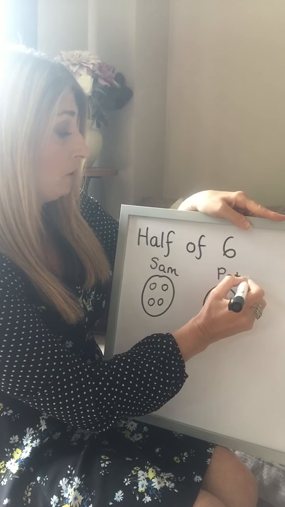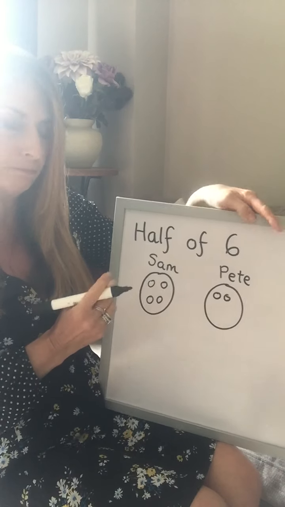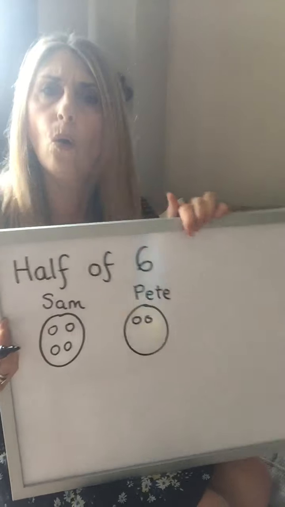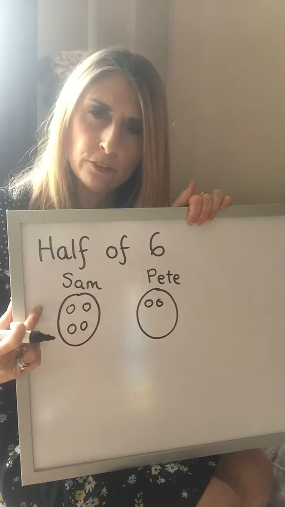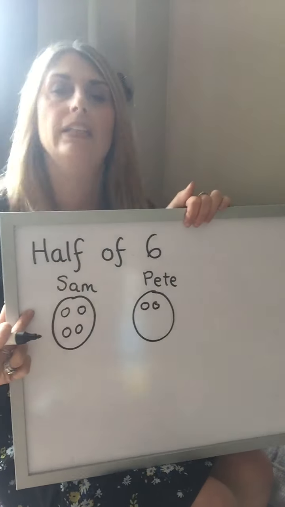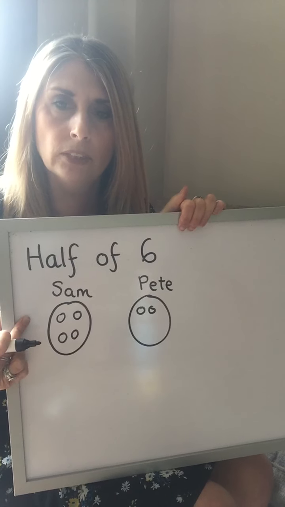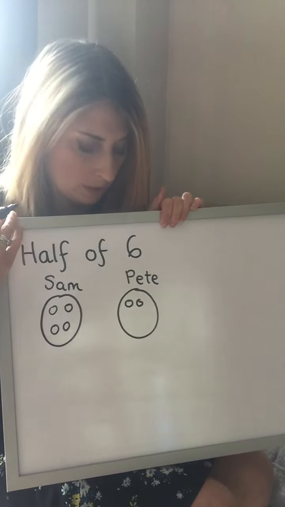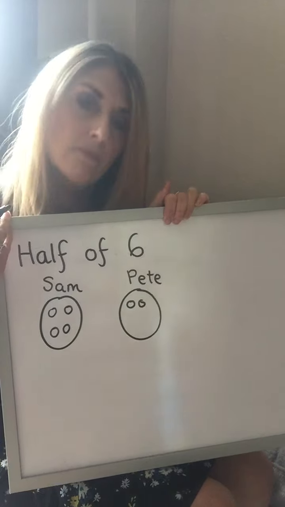So I have given them half each. Or have I? Can you spot something that Mrs Ravilious has done wrong? What's wrong with the groups, with the 2 groups?